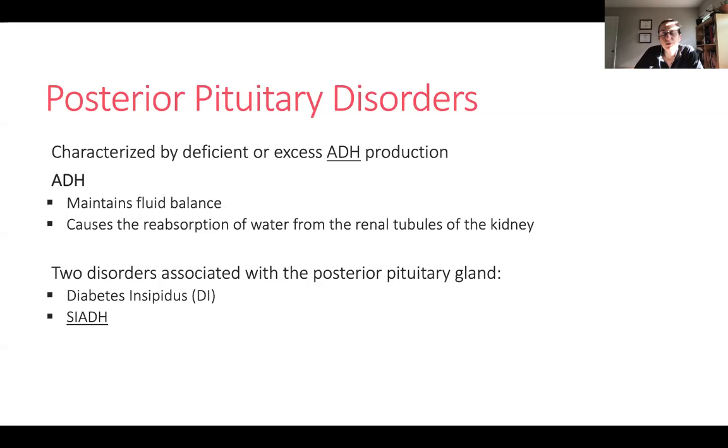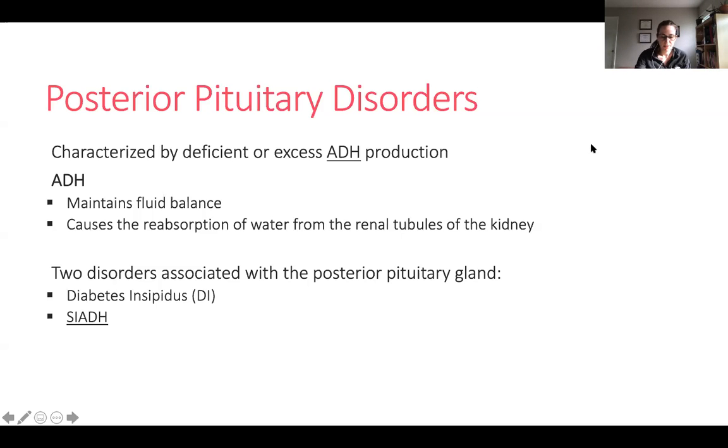And the ADH specifically causes the reabsorption of water from the renal tubules in the kidney. So the disorders associated with dysfunction of this is either diabetes insipidus or SIADH, which is syndrome of inappropriate antidiuretic hormone.